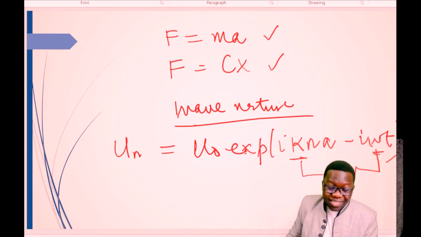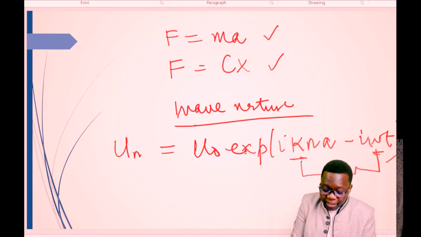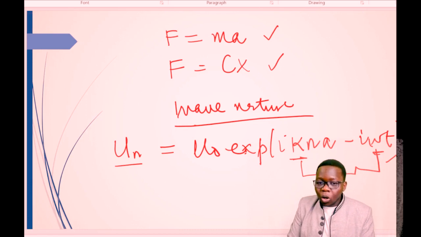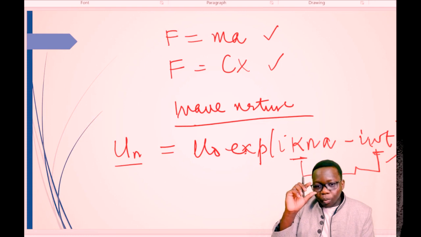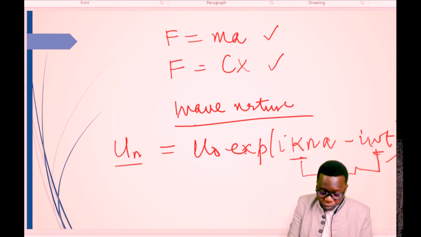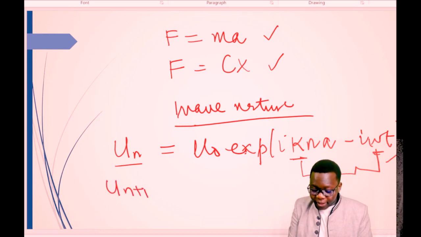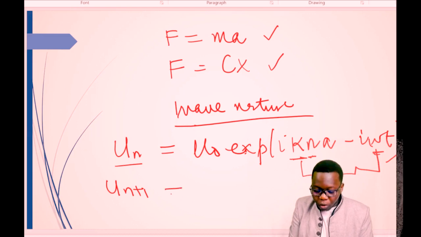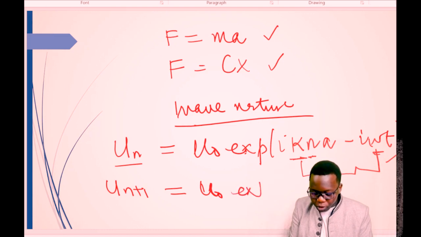Well, that takes us to this idea that if this is the nth particle, then we have another atom, which is in position n plus 1, the one on the right of it, which will be u n plus 1. The only difference is this n. We shall be changing their positions, but the amplitude is going to be all the same. So we shall have ik(n plus 1)a.